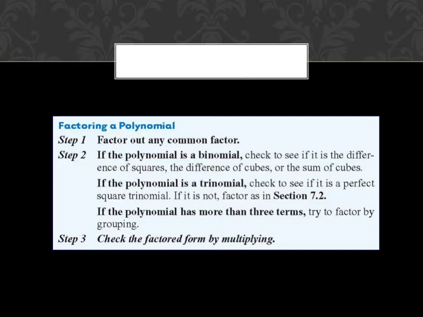If it's not, factor the way we did in section 15.2 using FOIL or using grouping. If the polynomial has more than three terms, try to factor by grouping. And then step 3 is to always check by multiplying.